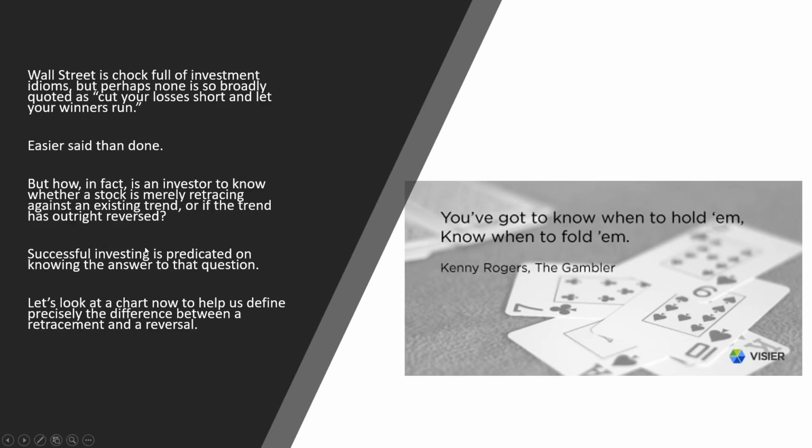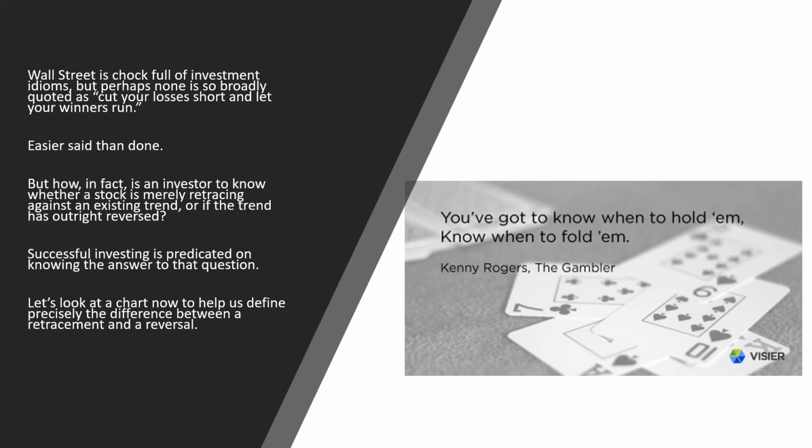So Wall Street is chock full of investment idioms, but perhaps none are so broadly quoted as cut your losses short and let your winners run on. Well, that's really easy to say because it's very, very hard to predict when an asset is retracing or reversing.